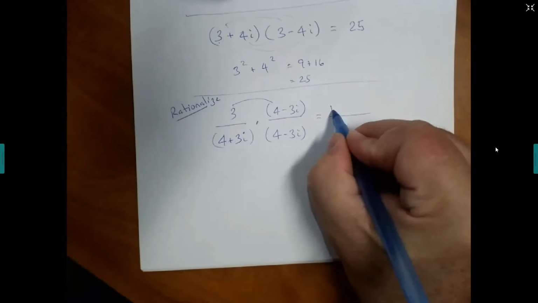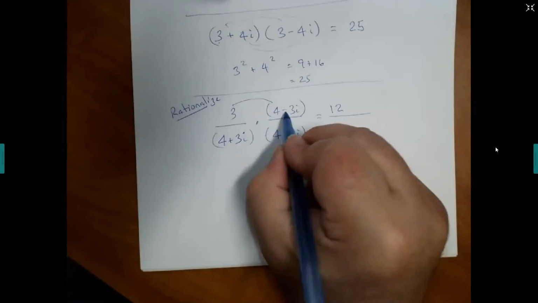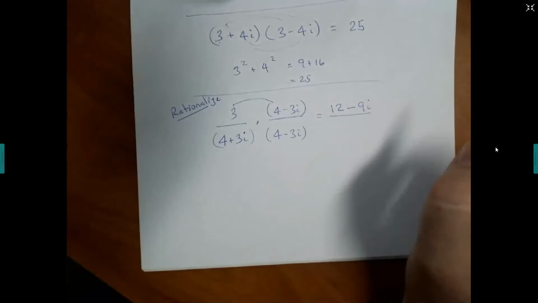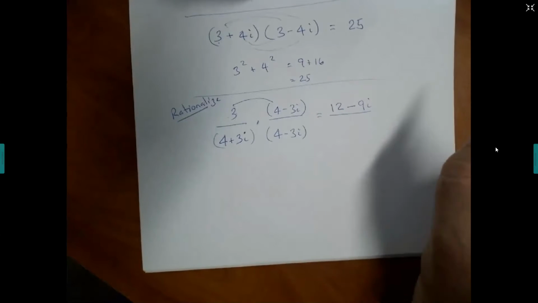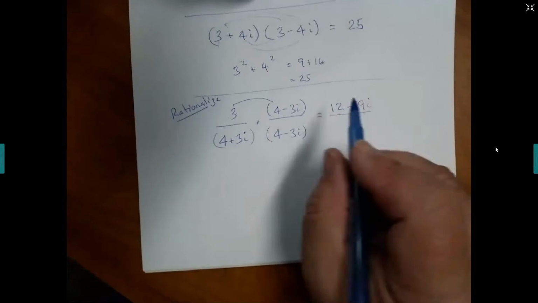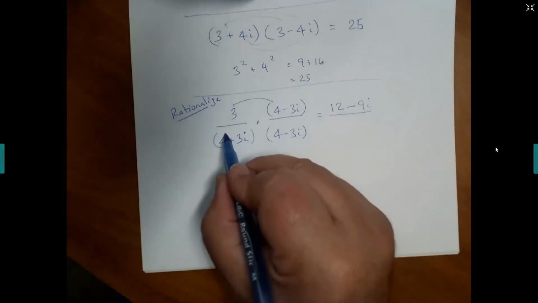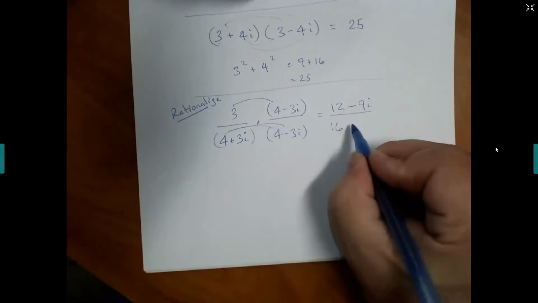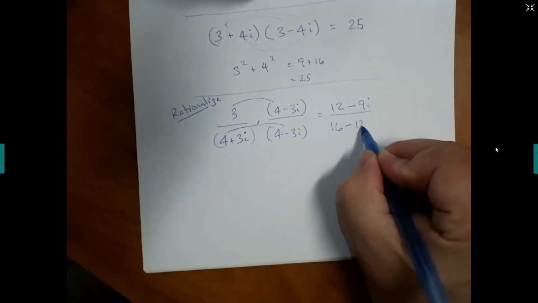Three times 4 is 12. Positive times negative is negative. 3 times 3 is 9i. Four times 4 is 16. Positive and negative is negative. 4 times 3 is 12i.